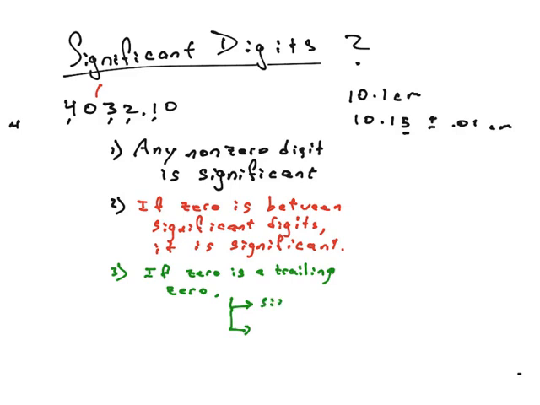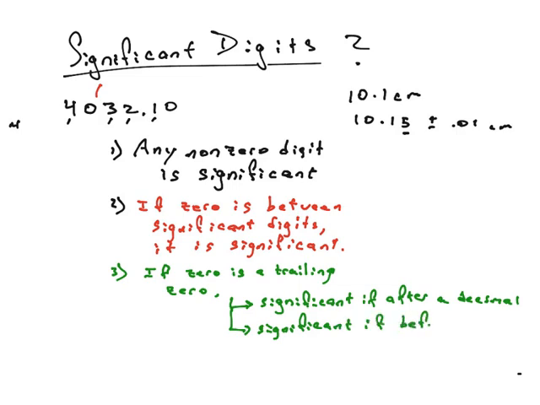It is significant if it comes after a decimal point, and it's significant if it comes before the decimal point explicitly.